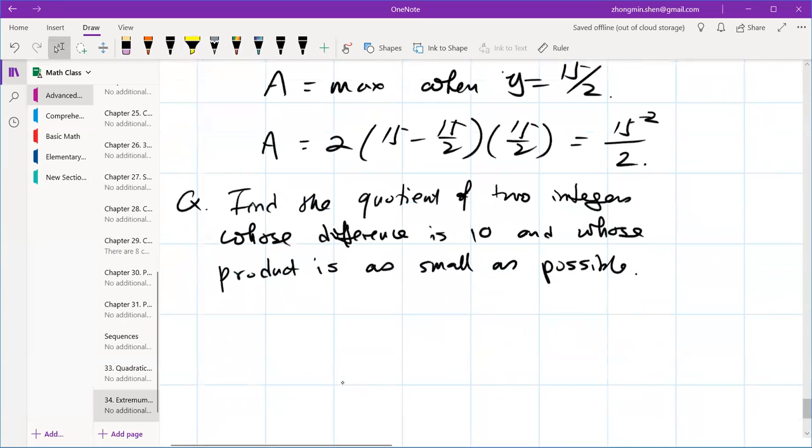Helen? The quotient is not 11. First of all, the numbers are not necessarily positive. Okay, please work on this.